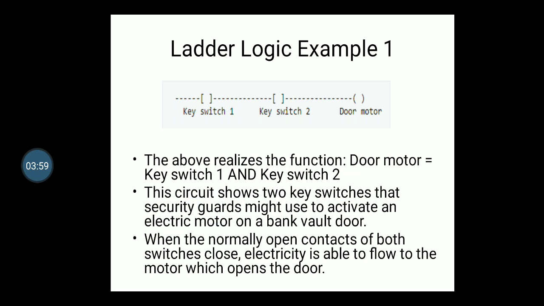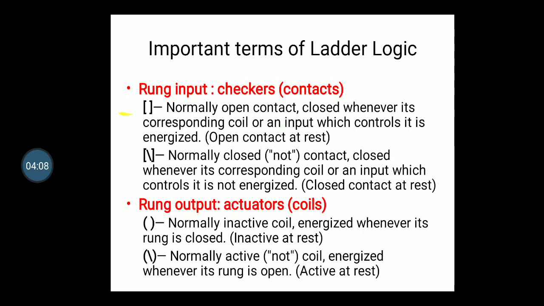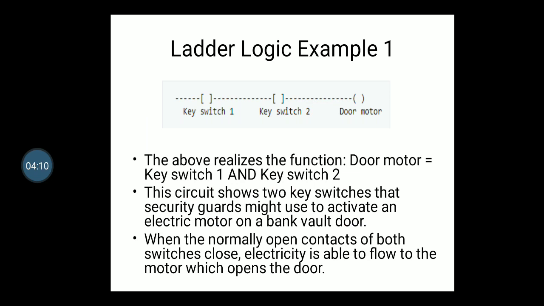Now let us see a simple ladder logic example. The key switch 1 and key switch 2 are both normally open. Now no electricity is supplied here. The above realizes the function door motor equals key switch 1 and key switch 2.